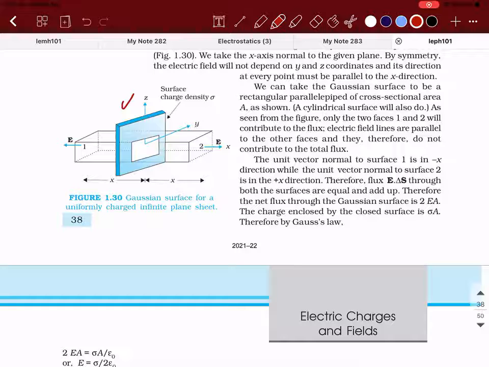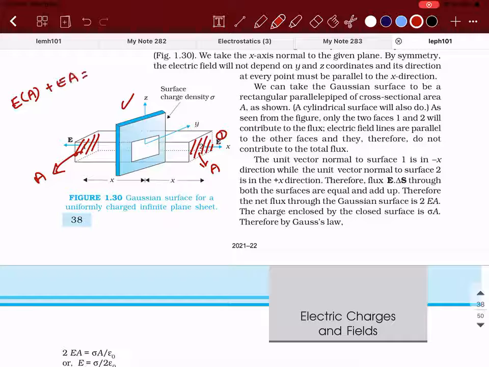If you take a cuboid, irrespective of the area that is going to be present there, here what will you take? A. This side you will take as A. I'm not considering the length, breadth, and height. I'm just taking it as A. Then the flux through the first surface is how much? E into A. I'll directly write it. What is the flux through the second surface?